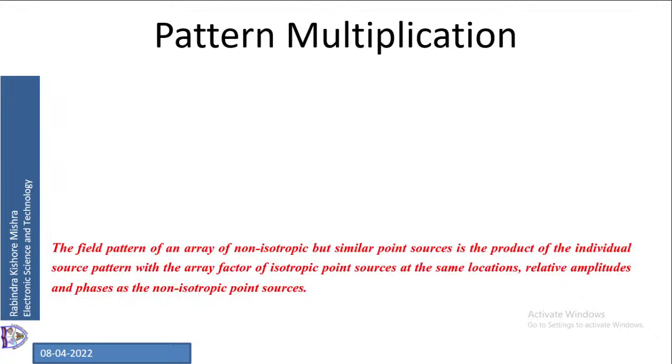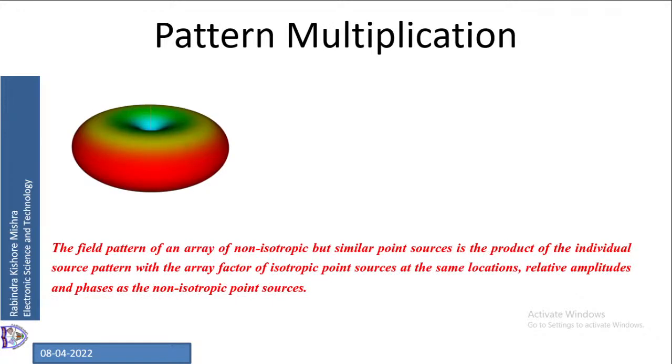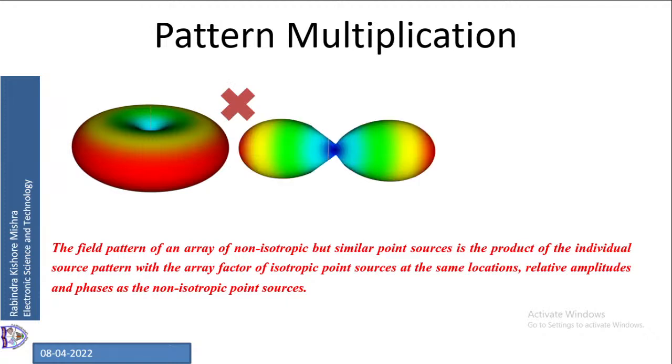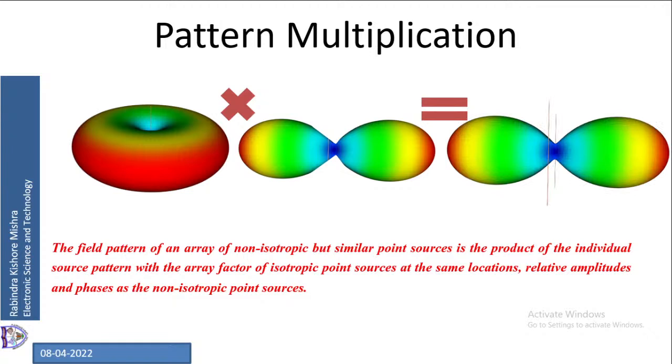Pattern multiplication. Now look at this figure. This is the pattern of one antenna, which we are multiplying with the array factor. This is the array factor, in the end fire direction. The pattern of the antenna is the donut shape. That is going to give us the resultant pattern.